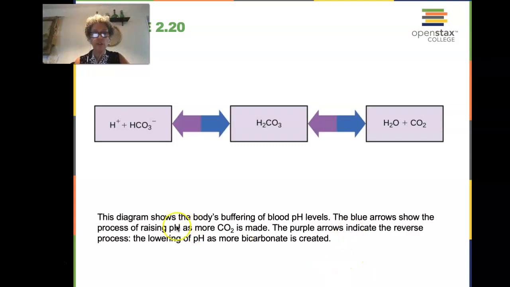So the blue arrow shows raising pH. We make carbon dioxide. So carbonic acid would be if we have hydrogen and carbon dioxide combining. We can make that as a proton donor, an acid. There's the proton, there's the base.